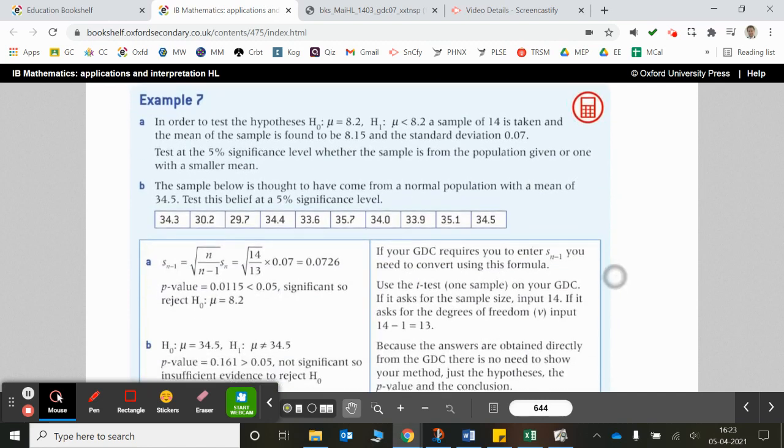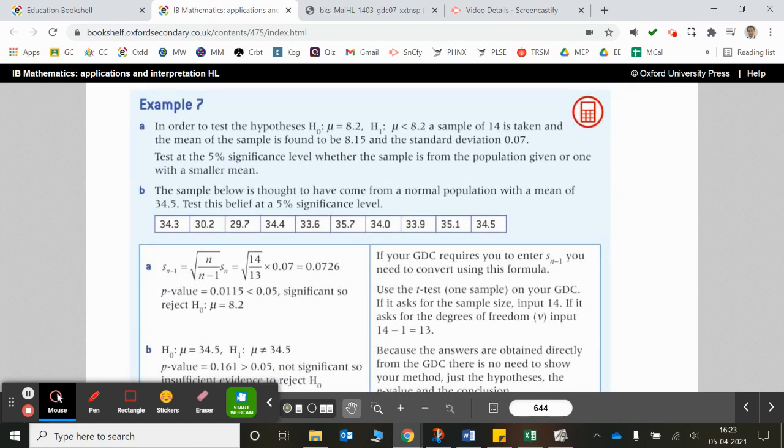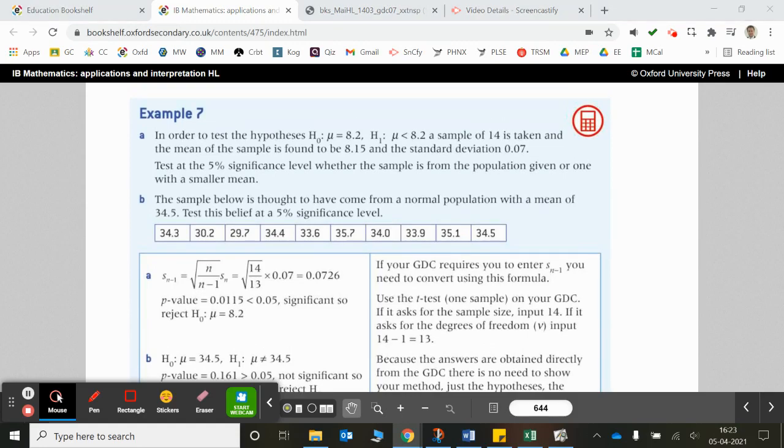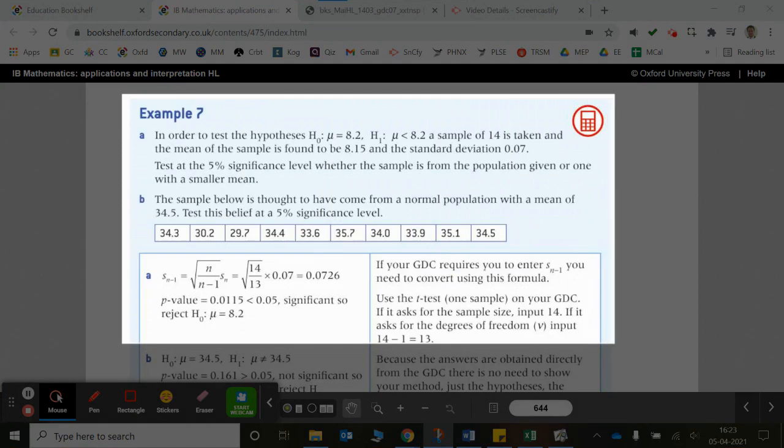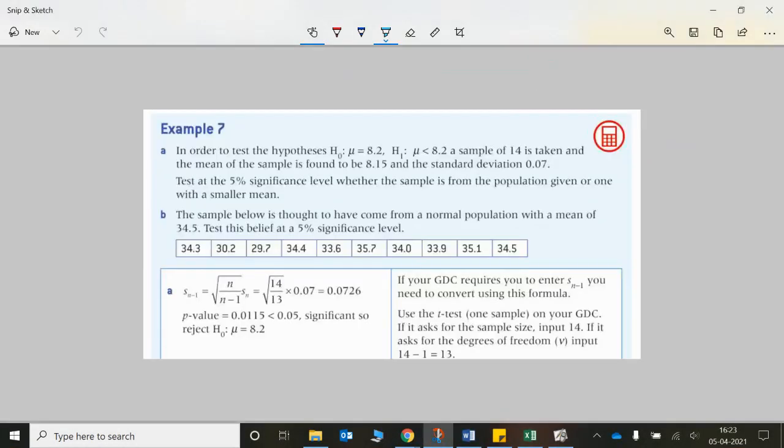Okay, so let's take example 7 then. So let's steal this thing here. Okay, so this one says, in order to test the hypothesis, so they're giving you H0 and H1 in this case, that the mean is 8.2, and H1 is that the mean is less than 8.2, so we're doing a one-tailed test in this case.